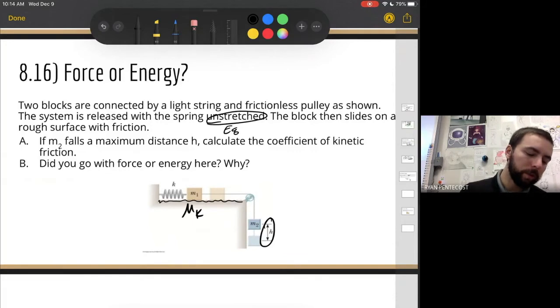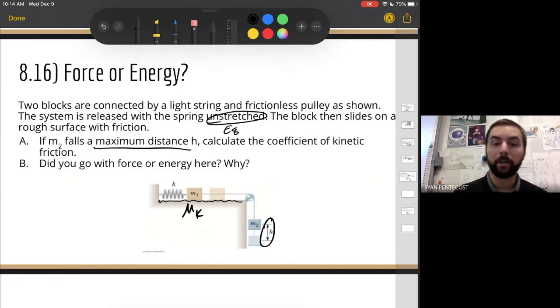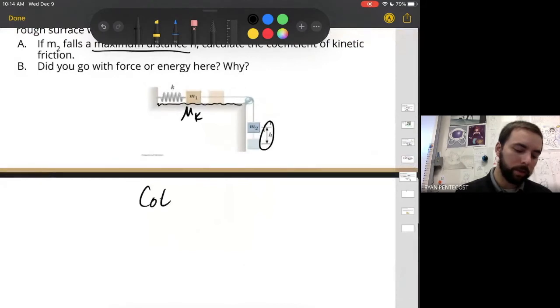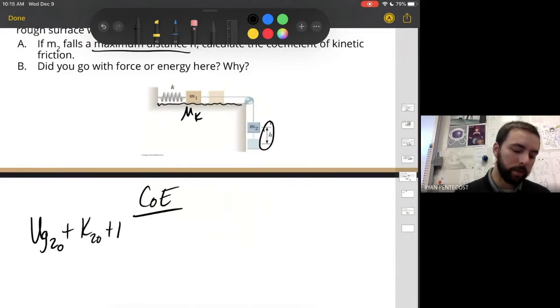So if we want to do this, okay, we're looking for the maximum distance, right? That is basically maximum compression. So let's see what we can get here. Okay? Maximum compression. We have gravitational potential from block 2. Everyone is starting at rest, but we'll go ahead and put it there. Then we have spring potential, no gravitational potential for 1, no spring potential for 2.